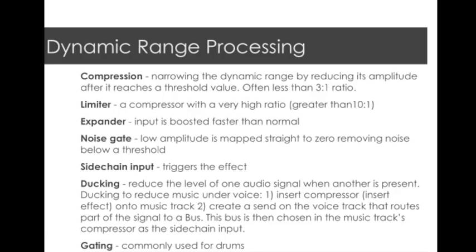So ducking is an effect where I insert a compressor onto the music track, and then I create a send channel on the voice track that routes part of the signal to a bus, and then the bus is sent into the music track's compressor as a sidechain input.